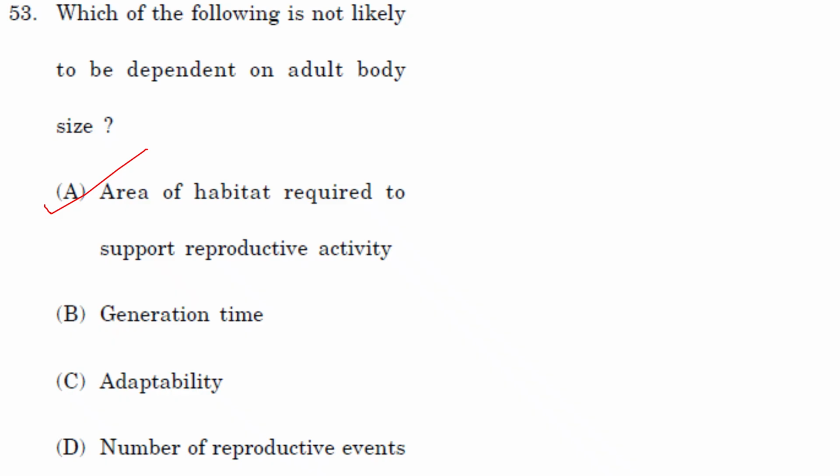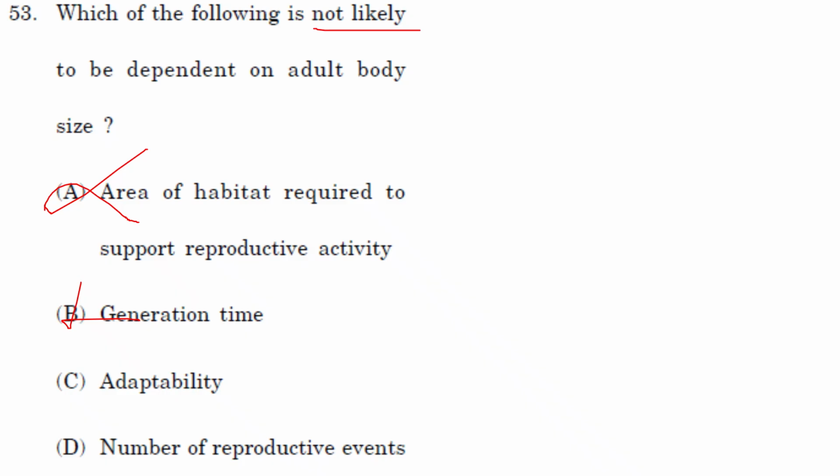Larger animals, larger area of habitat. Then generation time, yes, bacteria generation time is less, they are smaller ones, whereas human beings' generation time is more, larger organisms. So that also, they have asked not likely to be dependent on adult body size. So area of habitat depends, generation time is also dependent. Then number of reproductive events, that is also dependent.